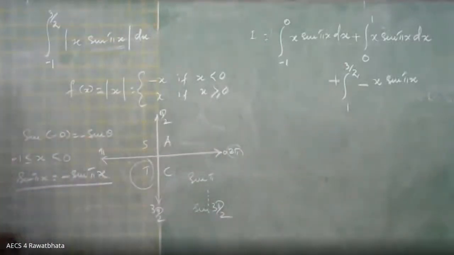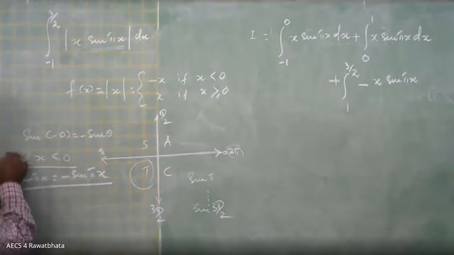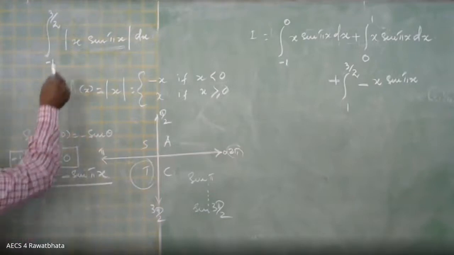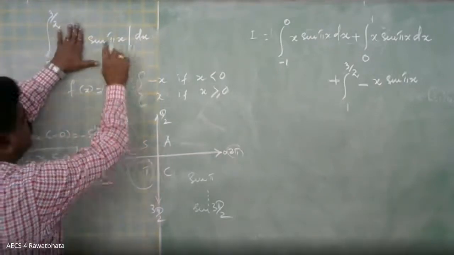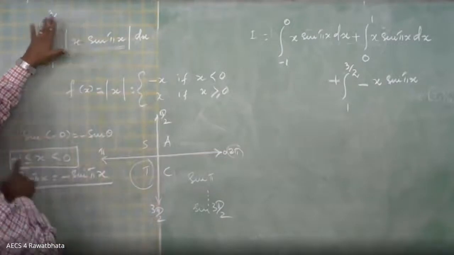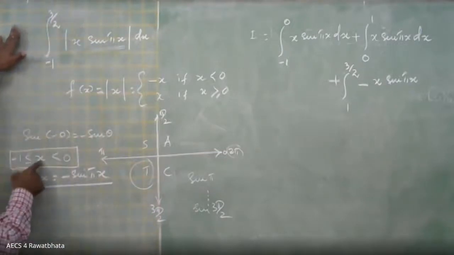So when I take minus 1 to 0, I divide this into the first part, minus 1 to 0. Sine pi x is negative there, for minus 1 less than or equal to x less than 0.